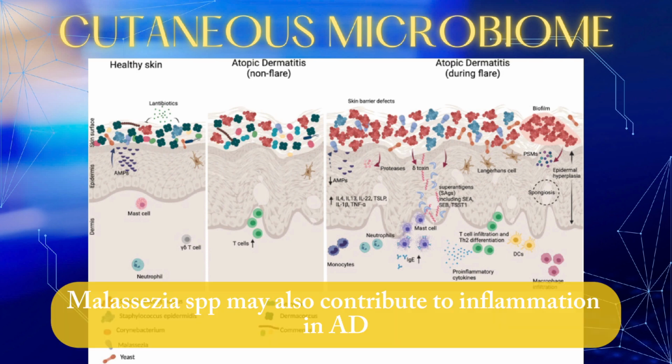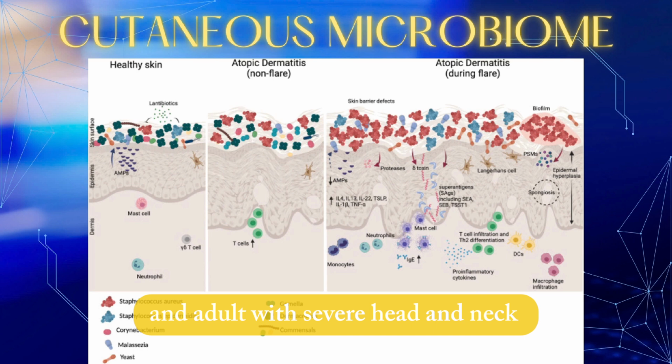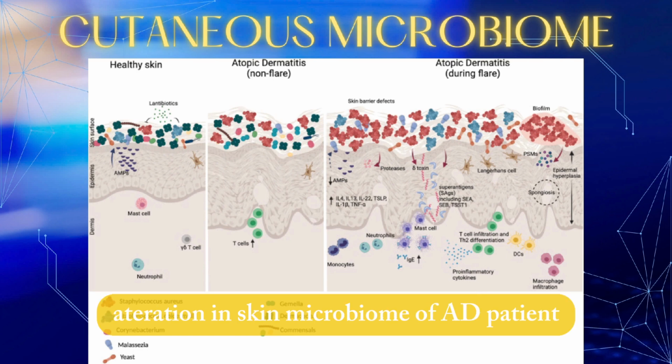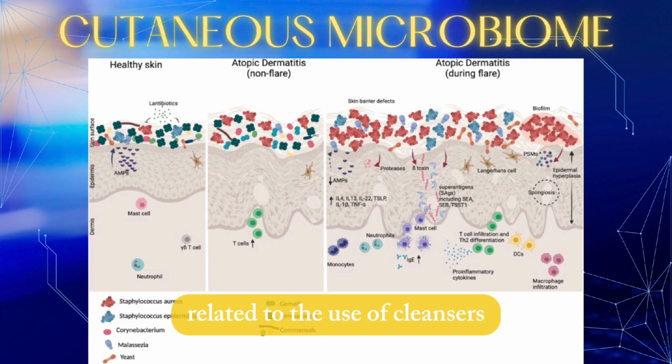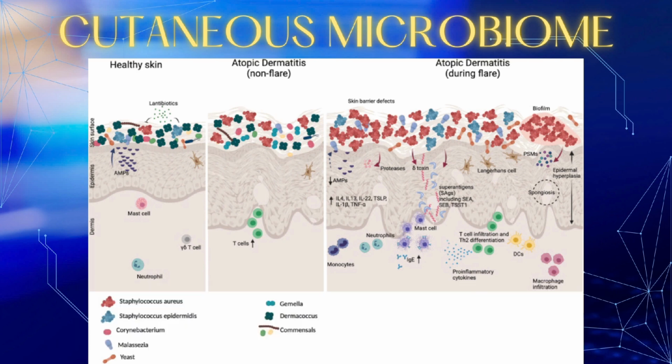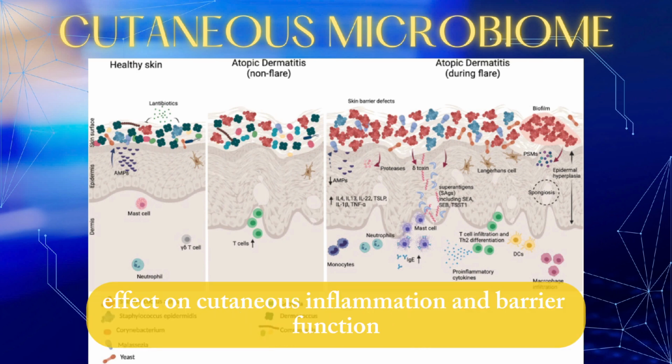Lastly, Malassezia species may also contribute to inflammation in AD, and adults with severe head and neck disease often display IgE reactivity to Malassezia antigens. Alterations in the skin microbiome of AD patients related to the use of cleansers and topical immunomodulatory or antimicrobial agents may have potential effects on cutaneous inflammation and barrier function.